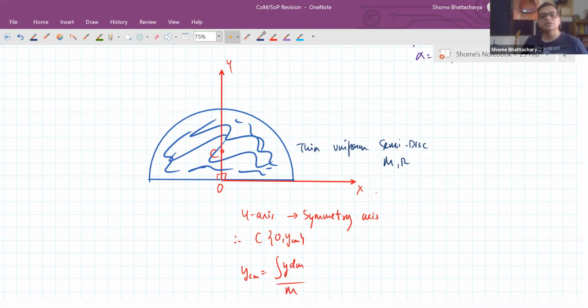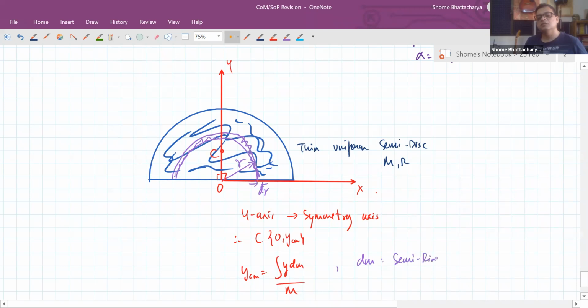But this time when we are doing the integration, we will slice this semi-disk into semi-rings, because we already did the derivation for the semi-ring. Okay. And if we take a semi-ring of radius r and thickness dr, we can see dm is a thin semi-ring. So it has mass per unit area into dA. So mass per unit area sigma is m upon pi r square by 2.